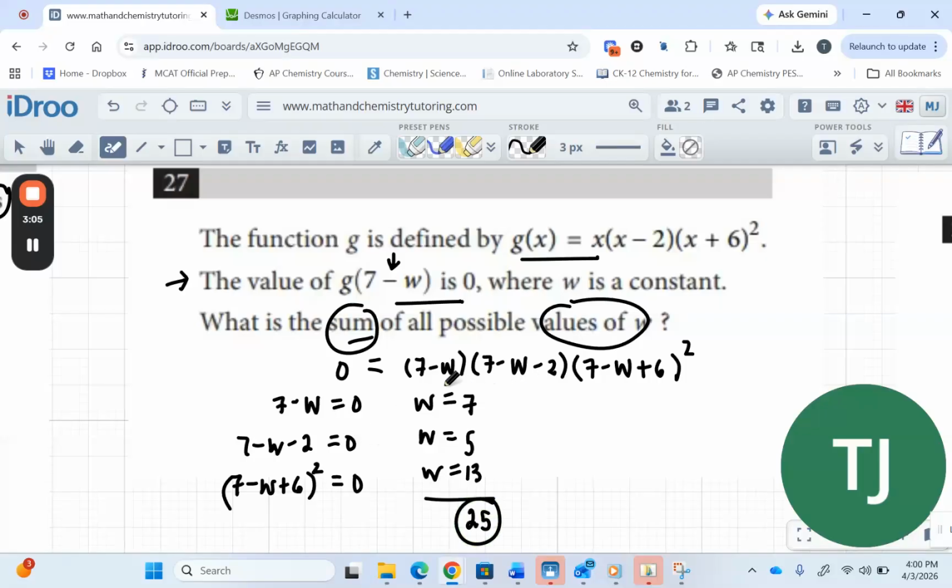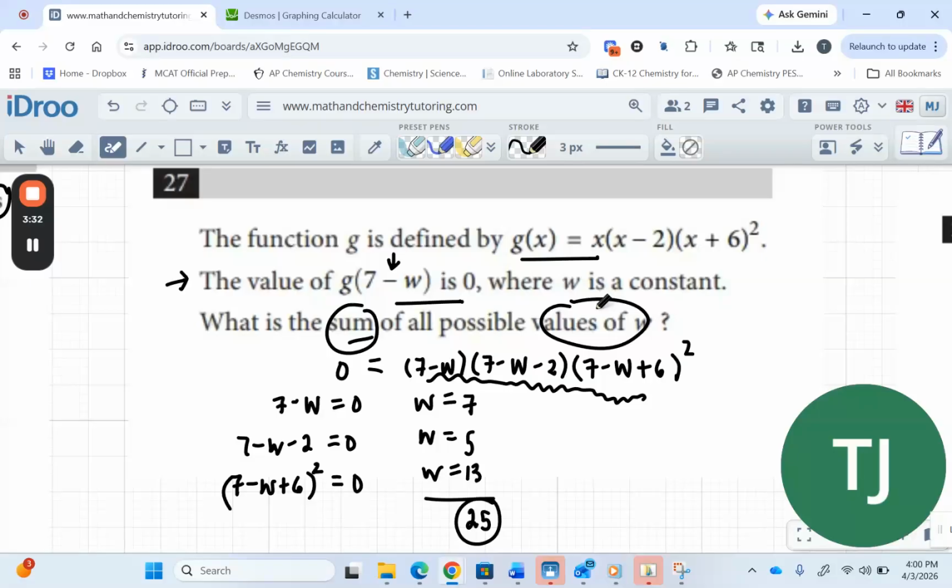Now, if you don't want to do it this way, you can also solve for the value of the variable if you enter this on Desmos. We have Desmos, so we can enter that exactly as you see it. Oh, no, you have to change the w to x, because if you don't replace w with x, it will not graph it for you.